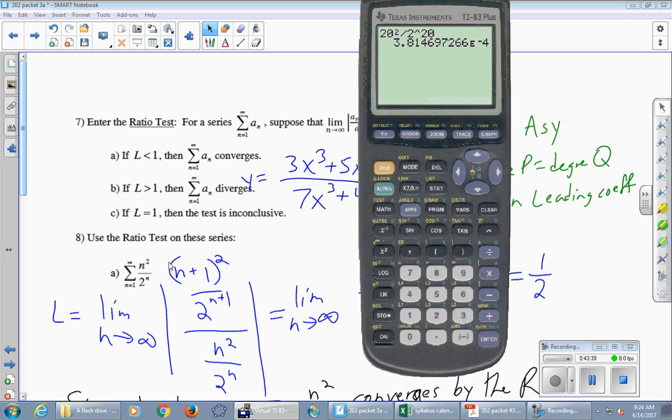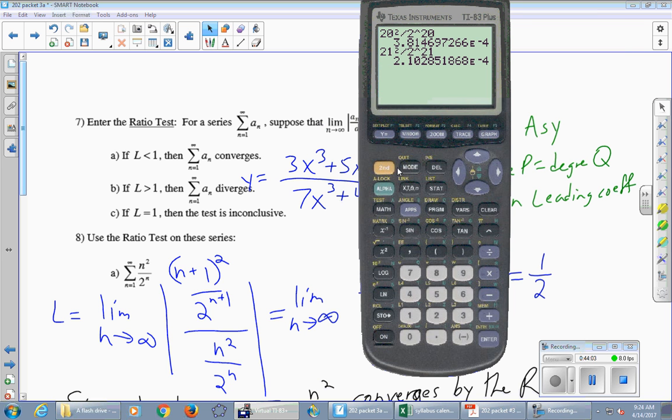And then I'm going to do the next term, the 21st term: 21 squared divided by 2 to the 21st. And this term is definitely smaller than that term. It's not half, right? If it were half, it would have been like 1.9. So it's more than half.